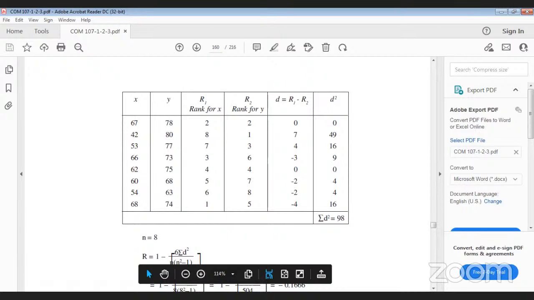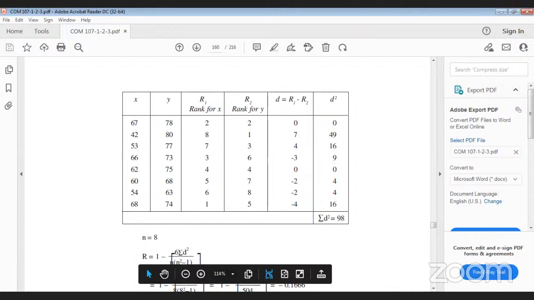There is 73. It has 6th rank. Then there is 68. It has 7th rank. And last one is 63. It has 8th rank. And 5. Now we have to find the difference between R1 and R2.